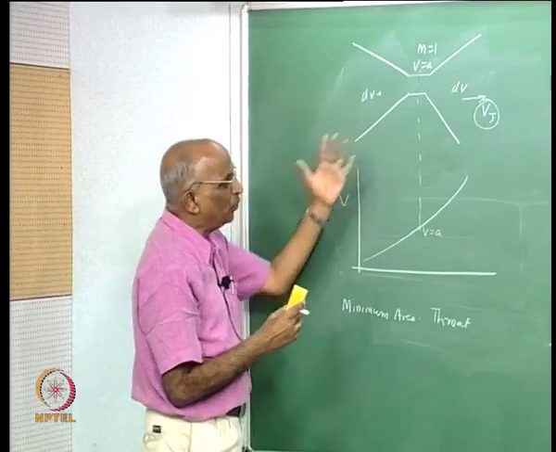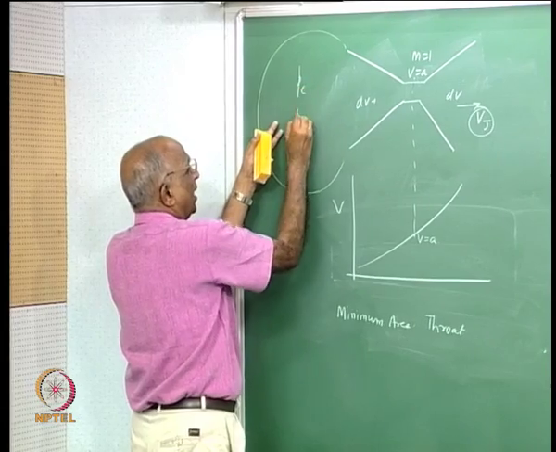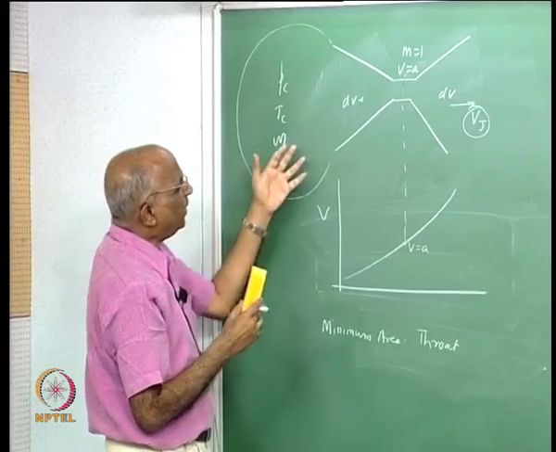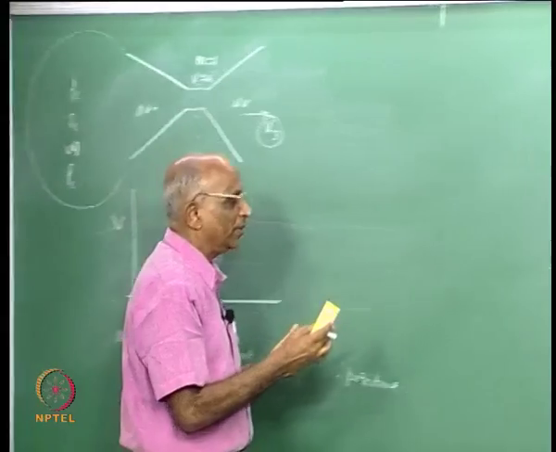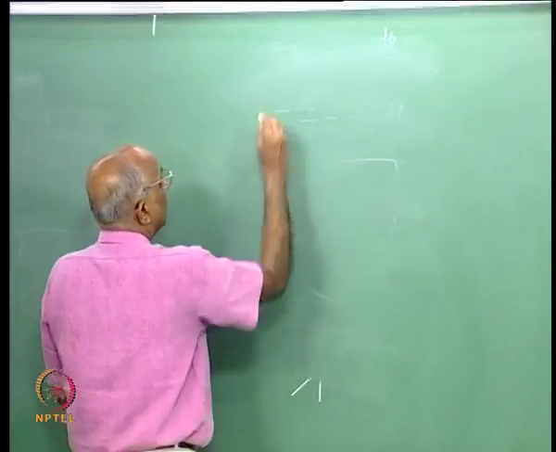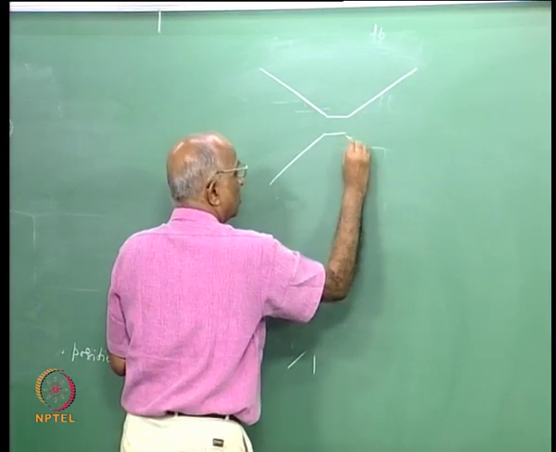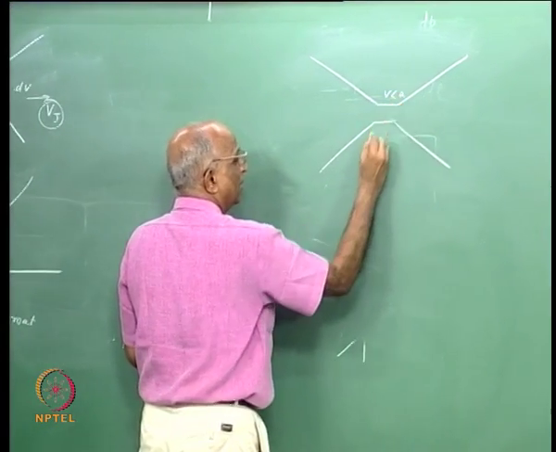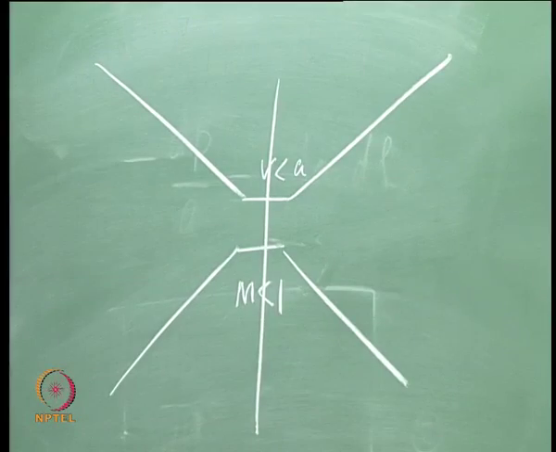Supposing by chance, when I am doing all this, I considered a balloon which had a pressure of Pc, I had Tc, I had molecular mass and rho c over here, and the mass flow rate through this is such that Mach number is less than 1, then what is going to happen? Let us say I have the same configuration, the convergent followed by the throat followed by the divergent, and if by chance my velocity is less than the sound speed here, that means Mach number is less than 1 at the throat section, then what is going to happen?